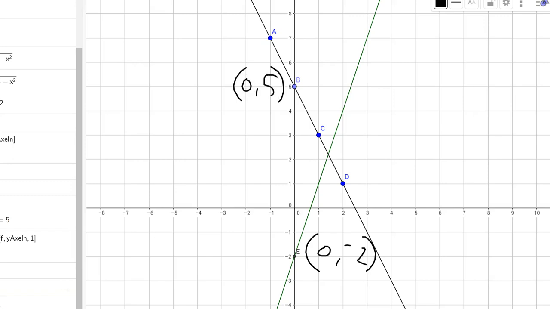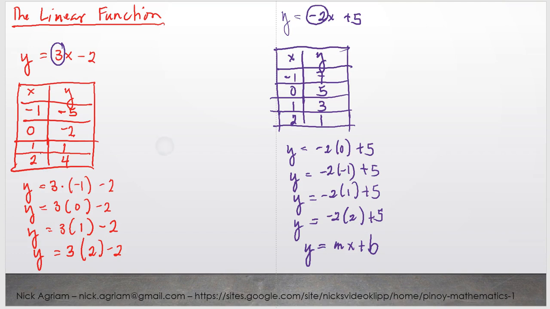As you can see here, the intercept is always where x is equal to 0. There and there. So when x is equal to 0, then you have got your intercept. Remember that.